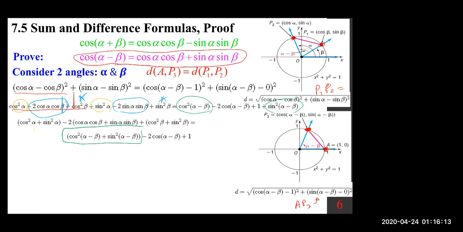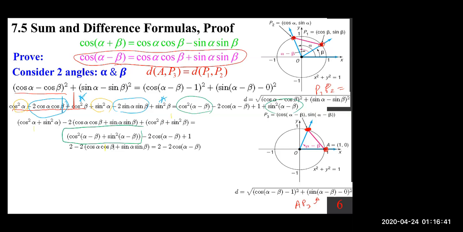What is cosine squared plus sine squared? 1. I hope you can see that. What is cosine squared plus sine squared? 1. So on the left side, you have 1 and 1, and then minus 2 times the parentheses. On the right side, you have 1, and then 1, which is 2, minus 2 cosine alpha minus beta. So I hope everybody can see this.